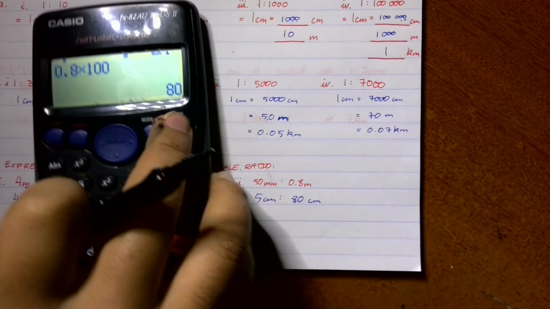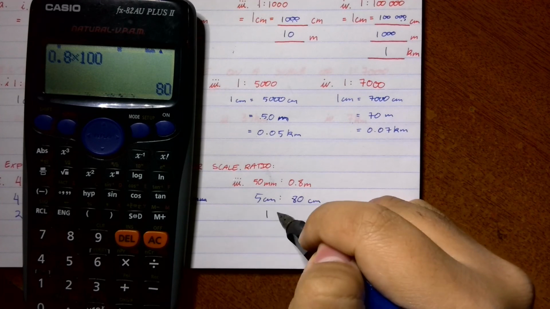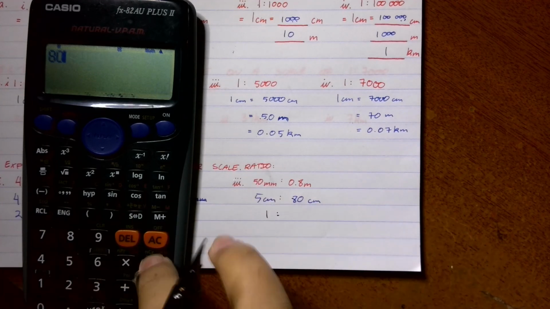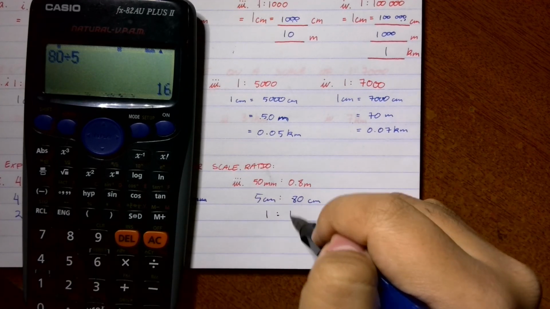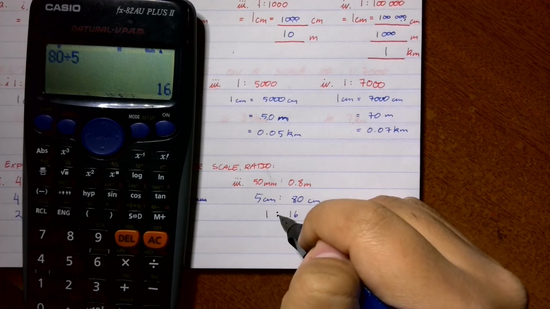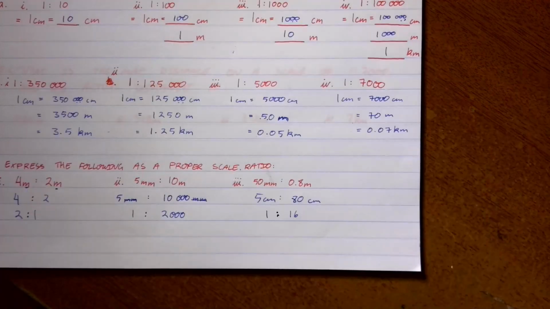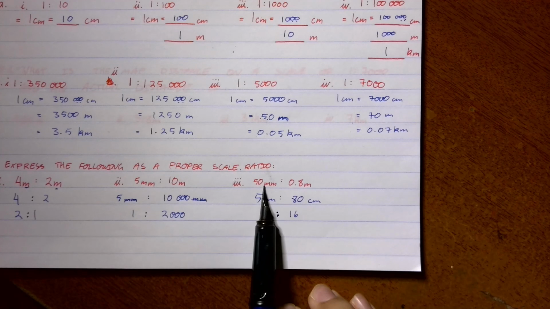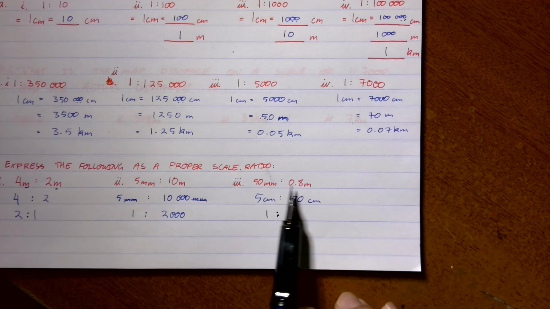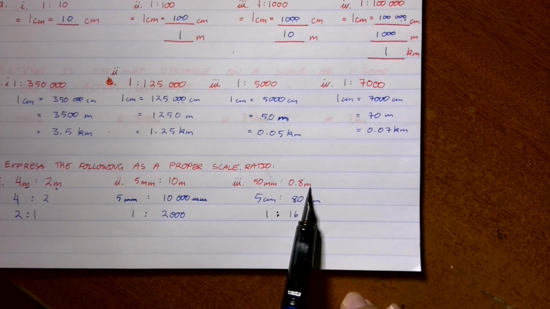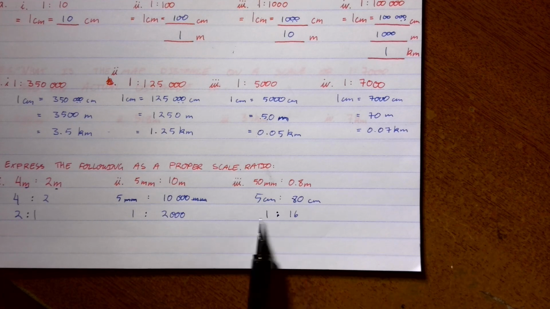Dividing everything by 5, this will give us 1 is to 80 divided by 5, which is 16. So the proper scale of 50 millimeters is to 0.8 meters is properly expressed as 1 is to 16.